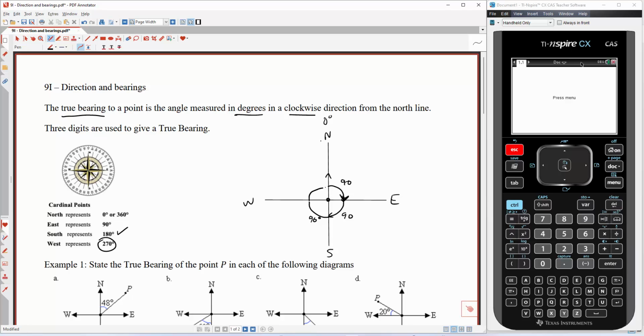Finally, if I do this last turn of another 90, I end up doing a full 360, facing north again. So they're our true bearings. North is 0 or 360, east is 90 degrees or a true bearing of 090, south 180, and west 270.